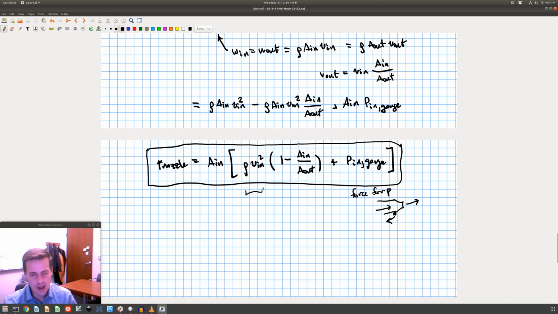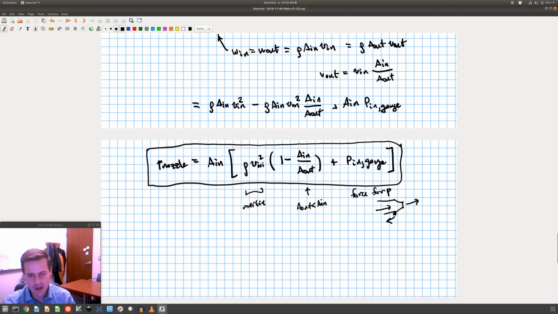And then this term has to do with my inertia. If A in equals A out, then that's 1, and 1 minus 1 goes to 0, and I have no inertia change. But on the other hand, usually A out is less than A in. So this term will be bigger than 1, and this is negative.